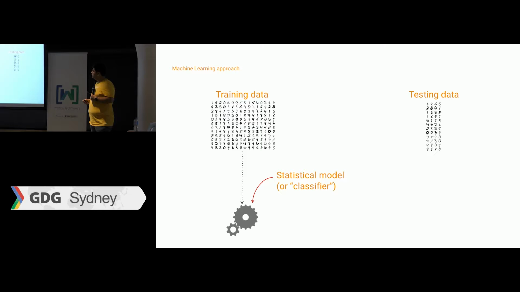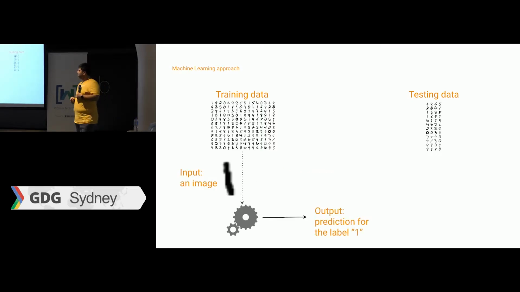We're going to select a statistical model to learn this. It's called a classifier. We'll take the training data, which is an input image, a 28 by 28 pixel bitmap, pass it through our model, and get a prediction as to which one of these digits it is.